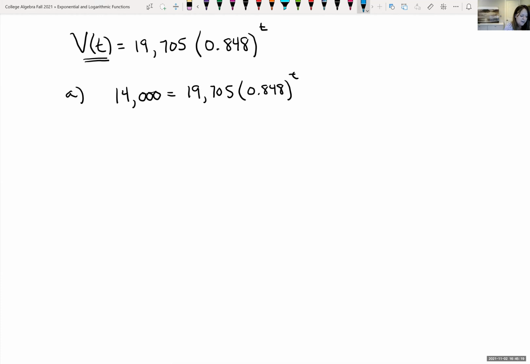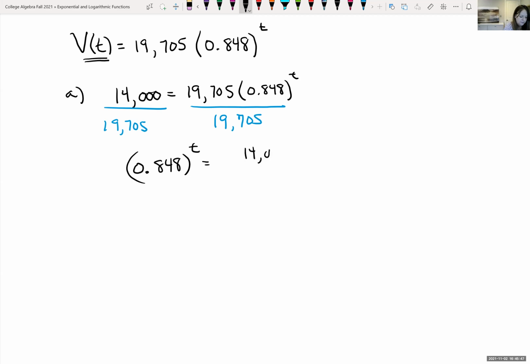So let's first divide by the coefficient in front, 19,705, on both sides. So we have 0.848 raised to the T power is equal to 14,000 divided by 19,705.